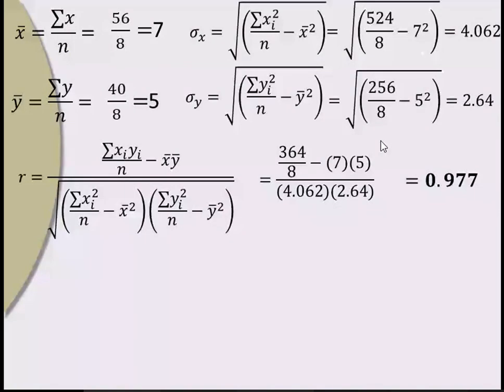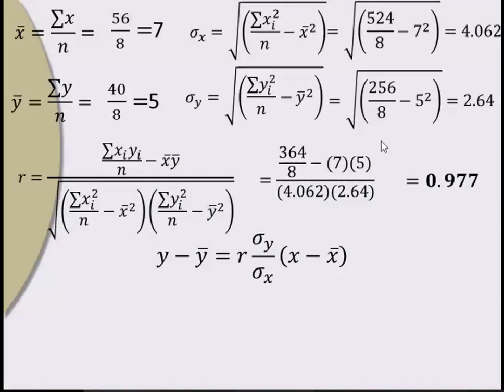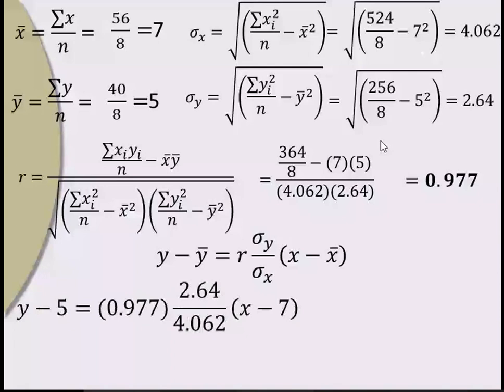Now, use the formula of the regression line of y on x. The formula is y minus y bar is equal to r into sigma y by sigma x into x minus x bar. Now put the values of r, sigma x, sigma y, x bar and y bar.